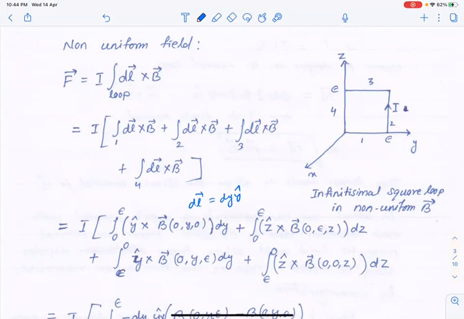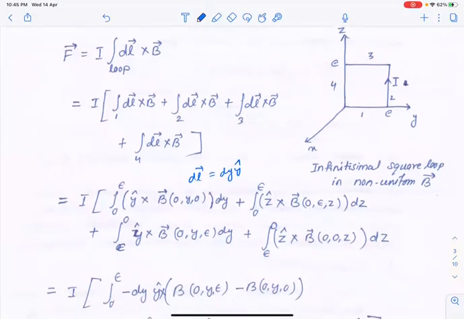Similarly for this side, your dl will be dz Z cap, and B will be B(0, epsilon, Z). Then you do the dl cross B, and you can write similarly for all the sides.